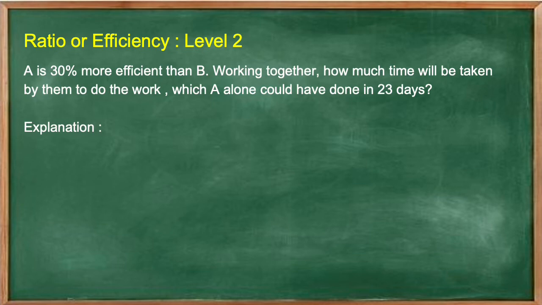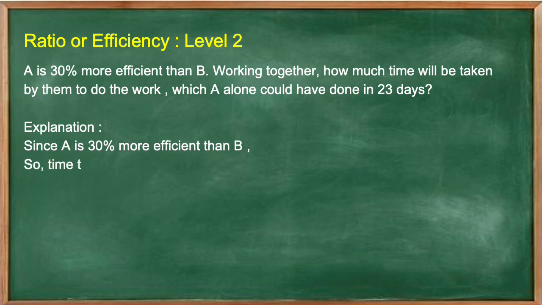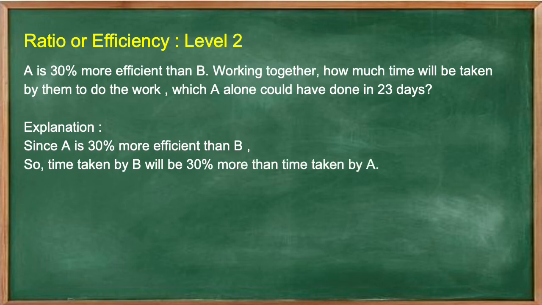So we can say that since A is 30% more efficient than B, then time taken by B will be 30% more than time taken by A. And time taken by A is 23.